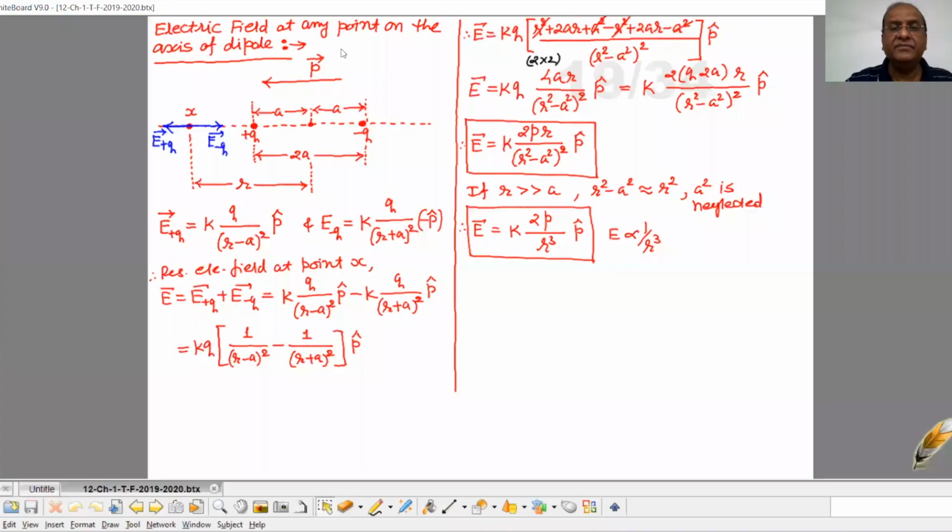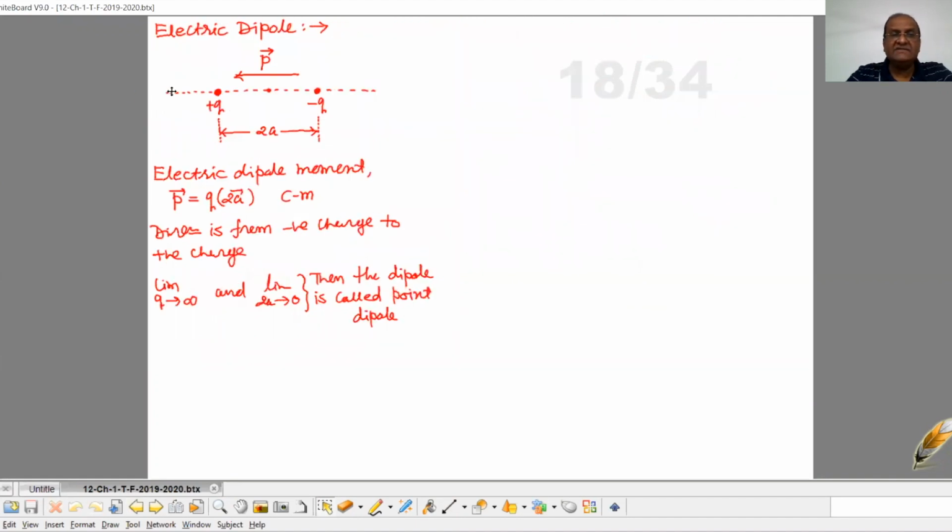So here now we have to discuss the electric field of electric dipole. Clear? Now we have to find the electric field of electric dipole at any point on the axis of the dipole, as well as at any point on the equatorial line or equatorial plane of the dipole. The axis of the dipole is the axis passing through both the charges.